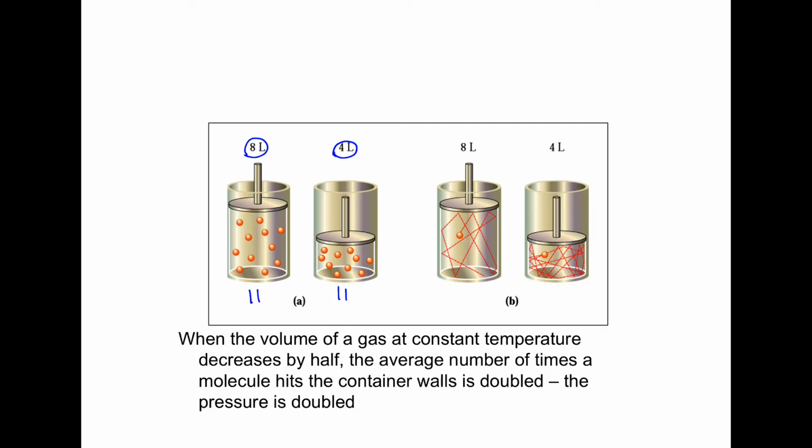All right, so let's look at what's happening in each one of the containers. Over here, we have the same containers, so 8 liters and 4 liters, but here we only have 1 particle, and you can see that it's bouncing around. Now remember, pressure is all these little forces added together and then divided by the area of the container.